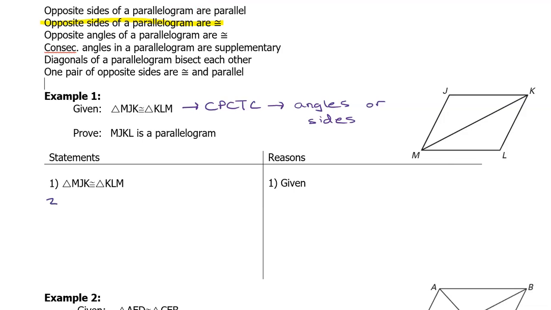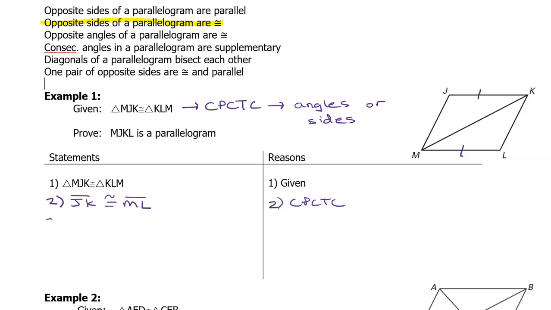So now, how am I going to do that? Well, which sides are congruent? So the first set of sides that are congruent are JK and ML. And that is because JK from this triangle is in the same spot as LM in this triangle, right, or ML. And so they're corresponding parts of congruent triangles, CPCTC. So JK and ML.